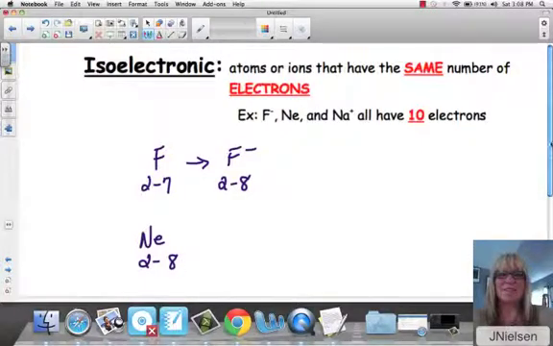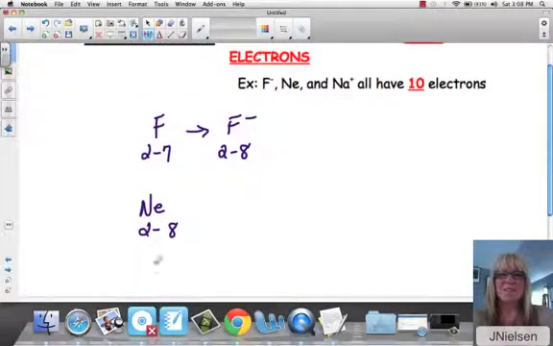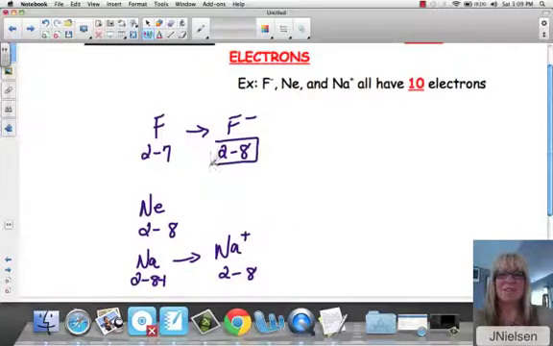And then we have Na plus. So Na is 2, 8, 1, but Na plus means that it lost 1, so it's 2, 8. So all of these have the same electron configuration, which is 2, 8, 10 electrons, which means that they are isoelectronic.